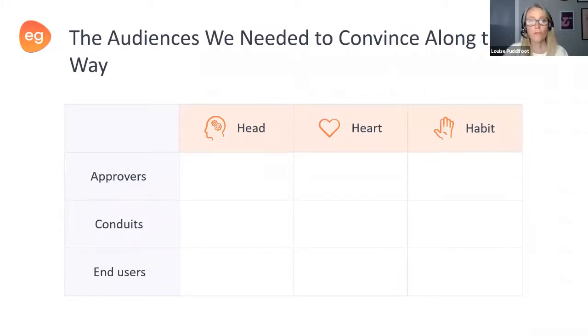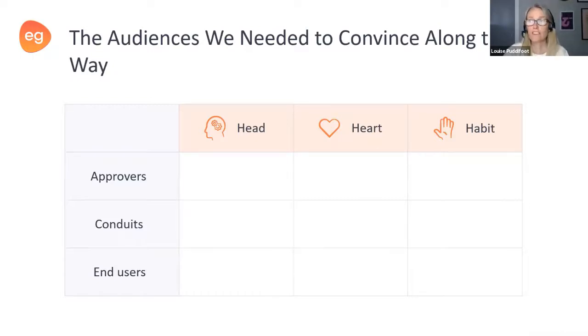The second audience are the conduits, so they're kind of the enablers, the vehicle to the end users. So they typically might be your HR community or other people playing that kind of role. And then finally, the end users are the people that are going to actually be going in, the employees that are going to be building the learning themselves and taking the learning themselves.